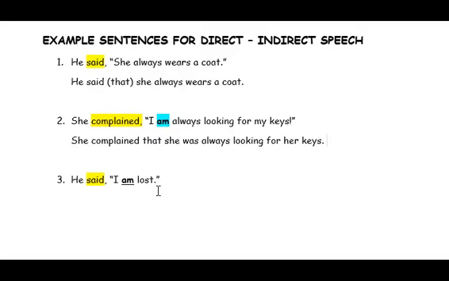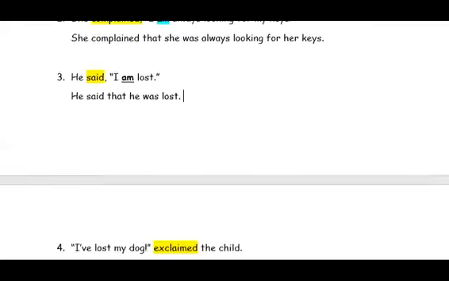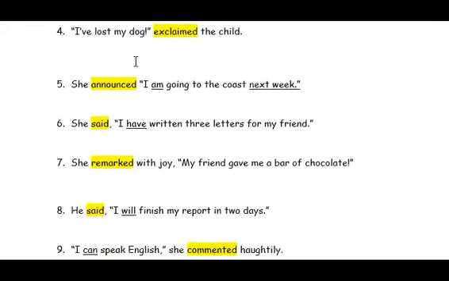Moving on. He said, I am lost. Ask yourself, what is the introductory verb in this sentence? It is said, and said is in the past. He said that he, the pronoun I changes to he, am changes to was, lost. Moving on. I've lost my dog, exclaimed the child.